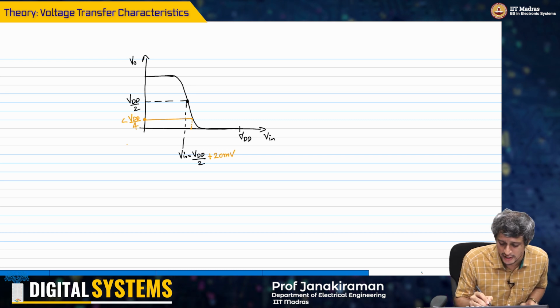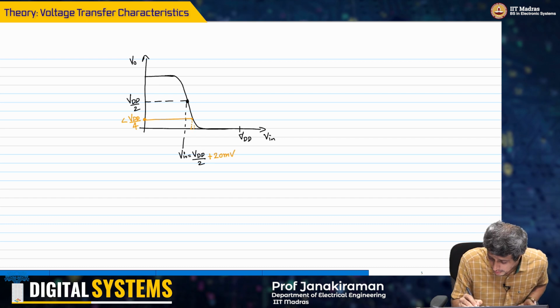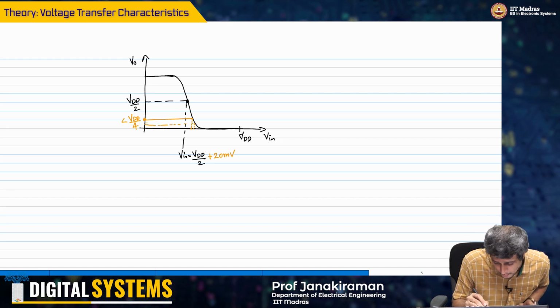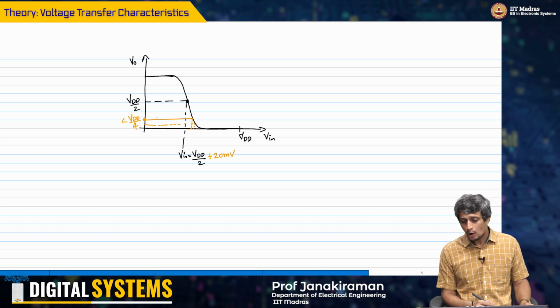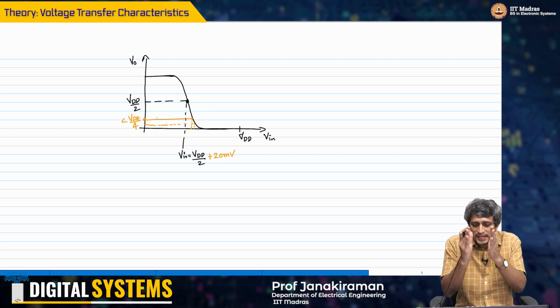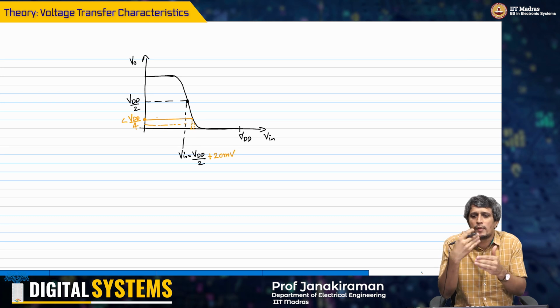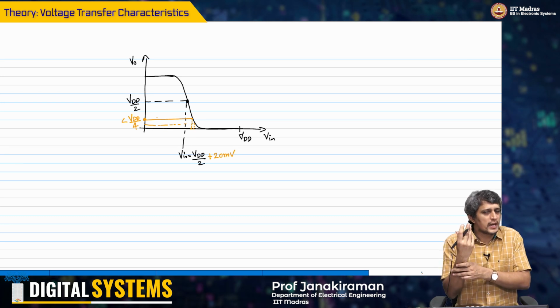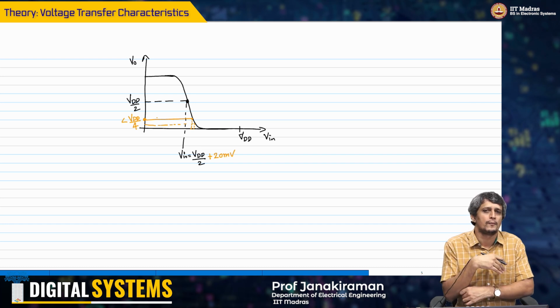It would be less than VDD by 4. Something very small. If you give 30 millivolt, it would fall even further. Right? So now what this is telling you is that in this region, somewhere close to VDD by 2, if I give a small noise, it is altering my output significantly.